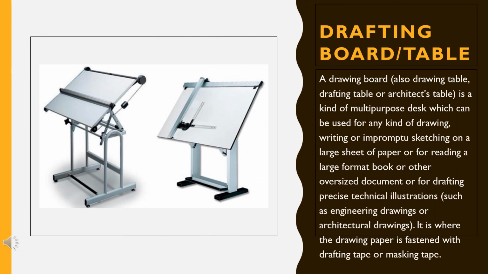A drafting board, also known as drawing table, drafting table, or architect's table, is a kind of multi-purpose desk which can be used for any kind of drawing, writing, or impromptu sketching on a large sheet of paper, or for reading a large format book or other oversized document, or for drafting precise technical illustrations such as engineering drawings or architectural drawings.